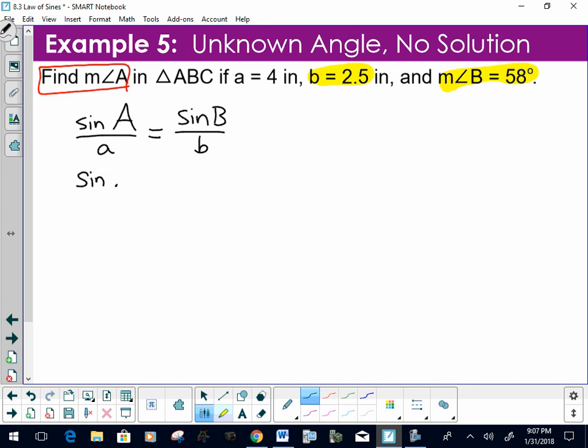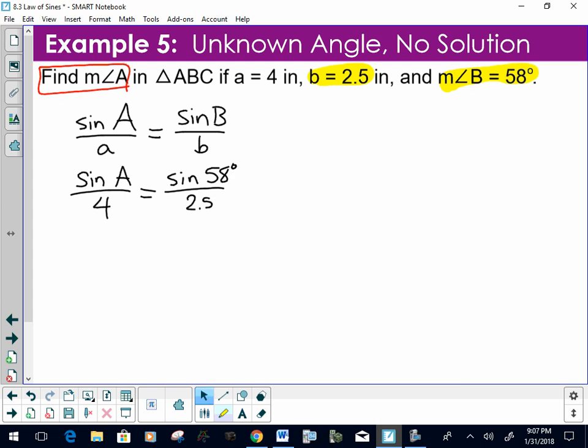Substituting in the values that we know into the equation, we know that side A is 4. We know that angle B is 58 degrees, and the length of side B is 2.5. Solving this equation for angle A, we would multiply by 4, and we're going through exactly the same steps that we went through in the last problem.